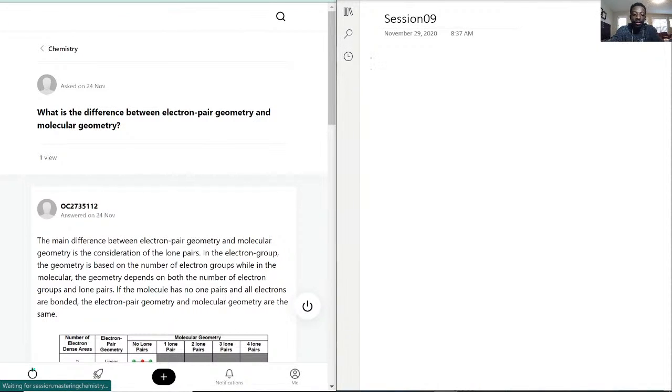So we have, what is the difference between electron pair geometry and molecular geometry?